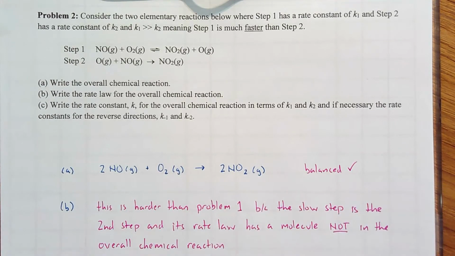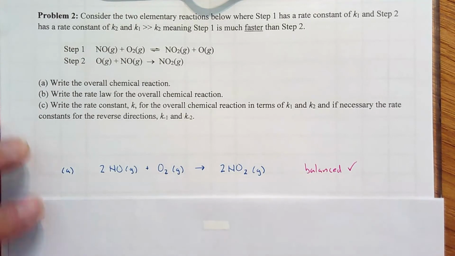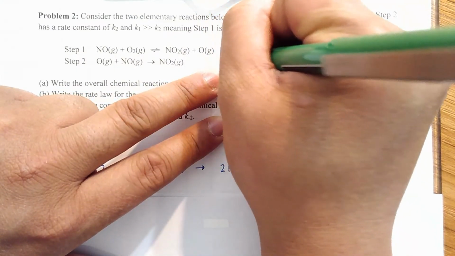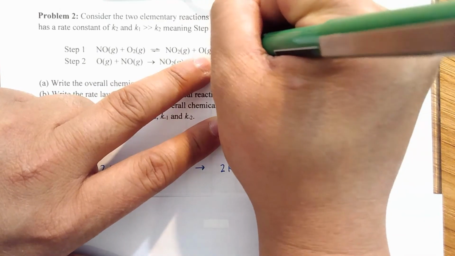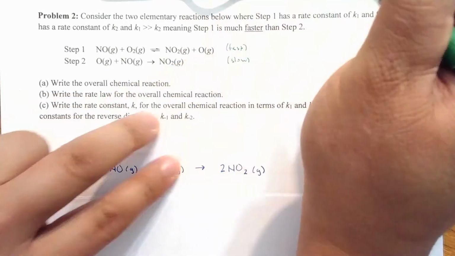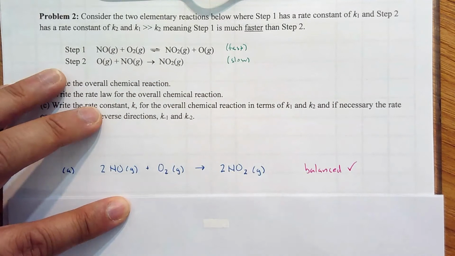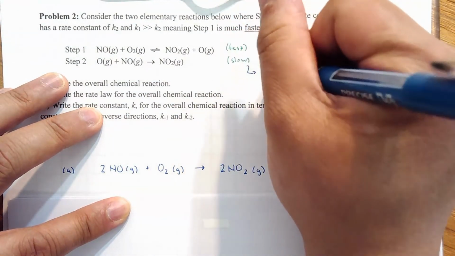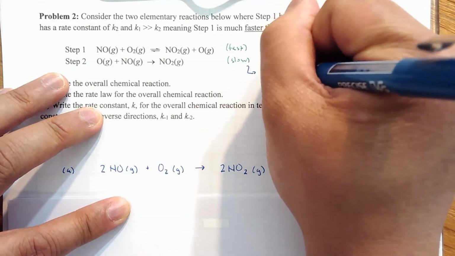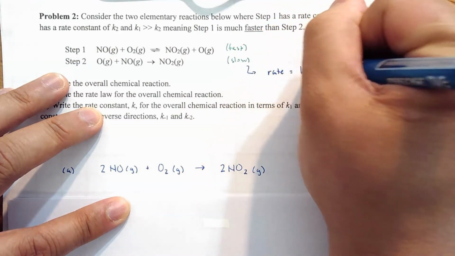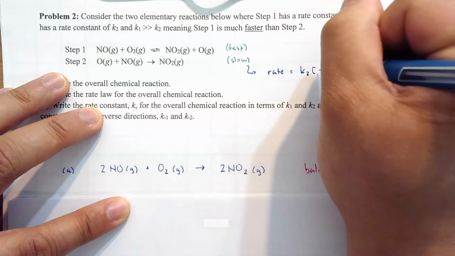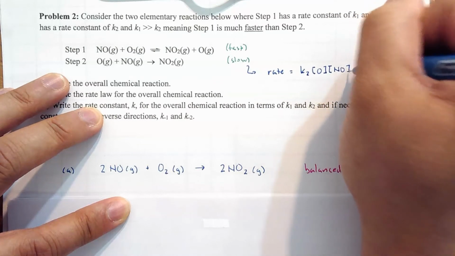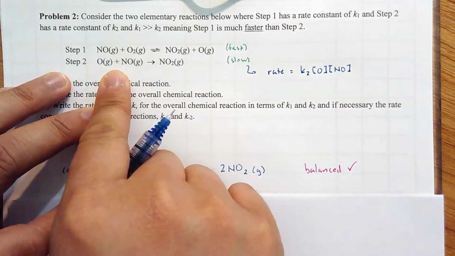Write the rate law for the overall chemical reaction. Okay, so I didn't label what's fast and what's slow. This one's slow, and this one's fast. So the rate law for the slow step, for the elementary step, is this. Rate equals K2 concentration of O times the concentration of NO, both raised to the power of 1.